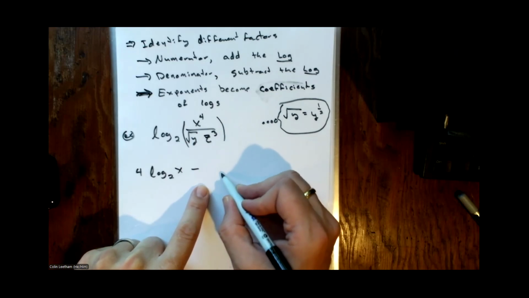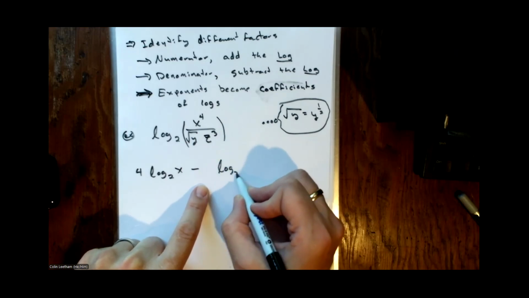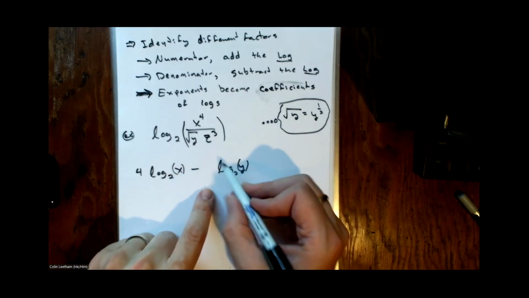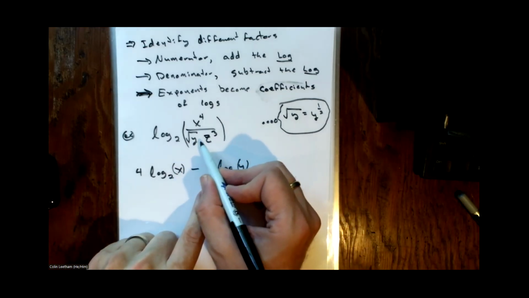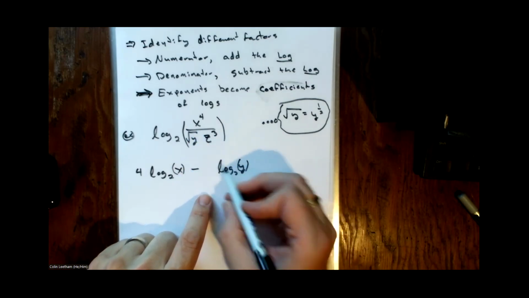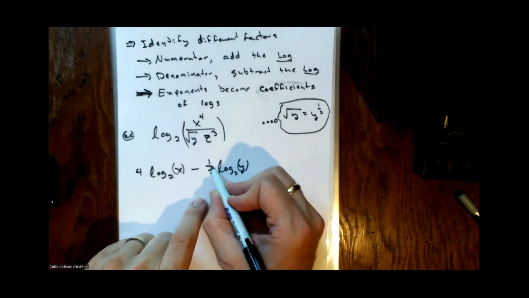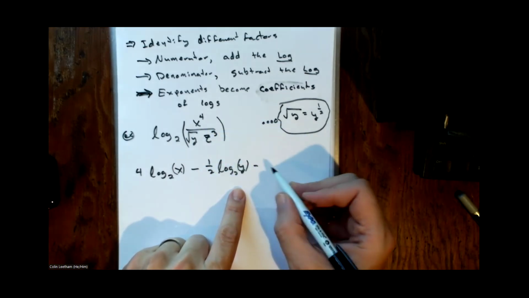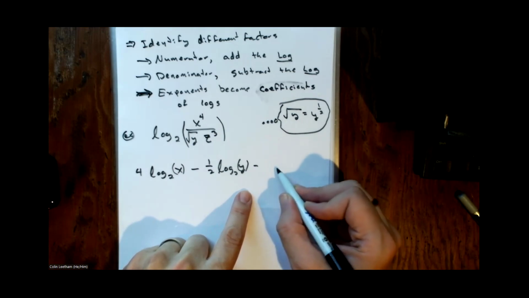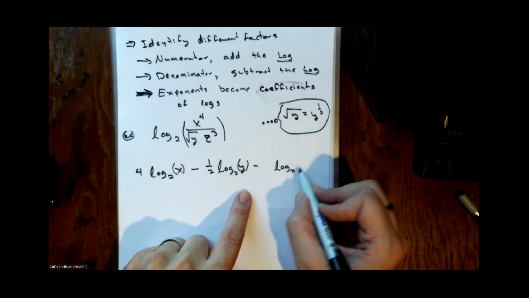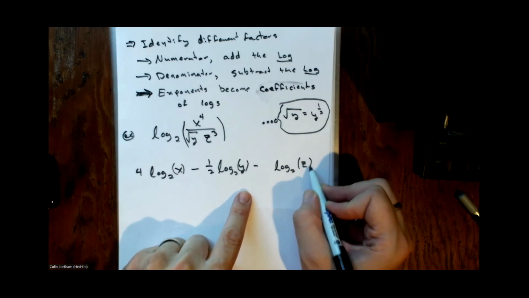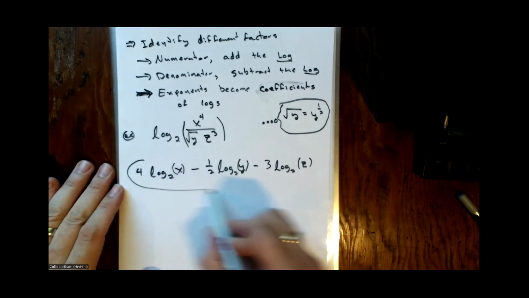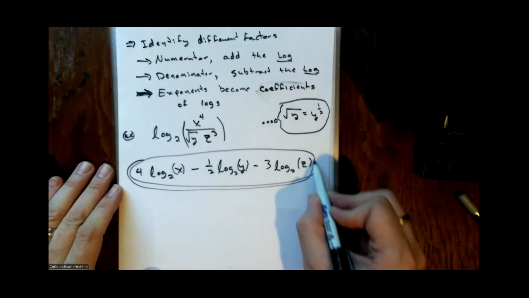I've got log base 2 of y, and the power on that y is technically y to the 1/2 power. Z is in my denominator, so I'm also going to subtract that. So minus log base 2 of z, and the exponent on that z is a 3. And with that, I'm done, and I'm done in one step.